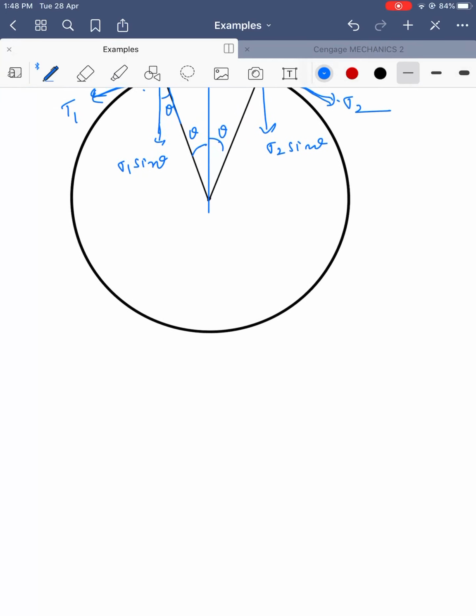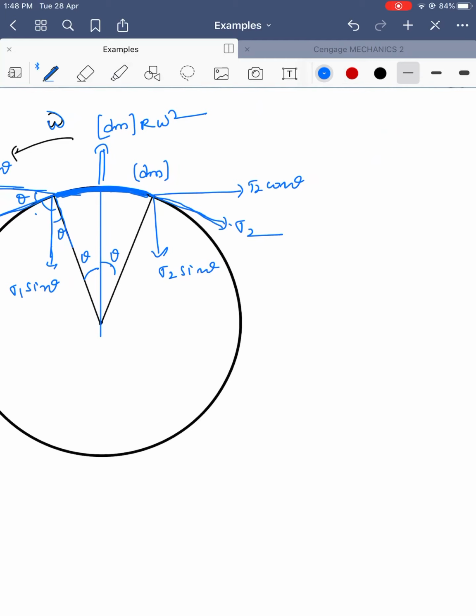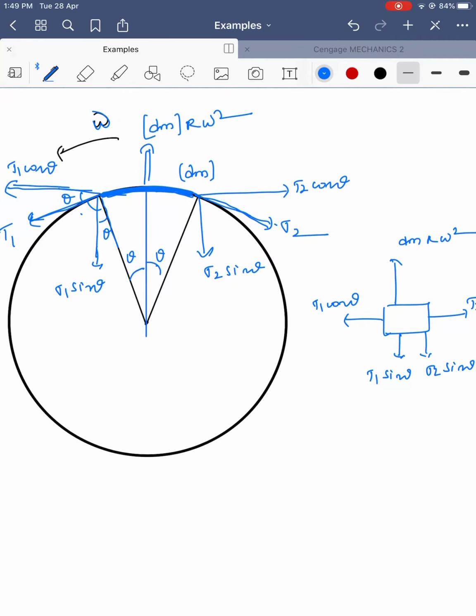Let's take it as a body. On the right side T2 cos theta, on the left side T1 cos theta. Upward is dm r omega square, downward is T1 sin theta plus T2 sin theta. This section is just rotating about this one point.